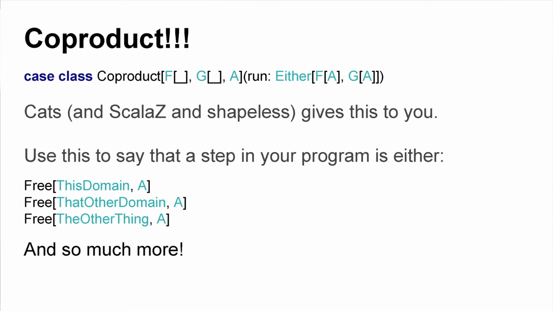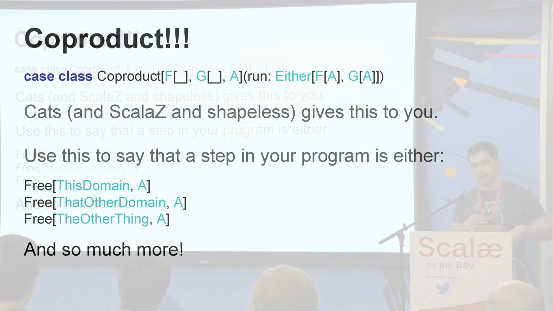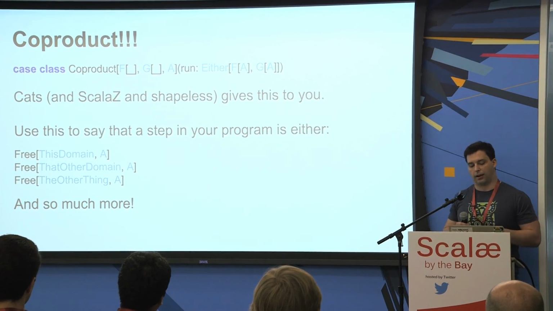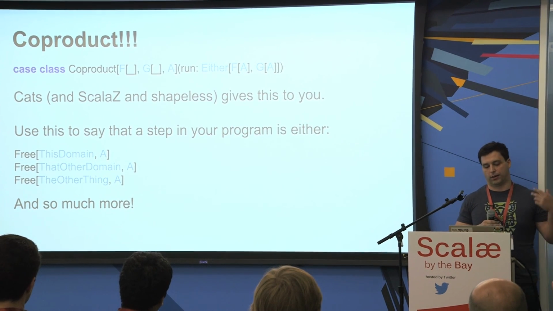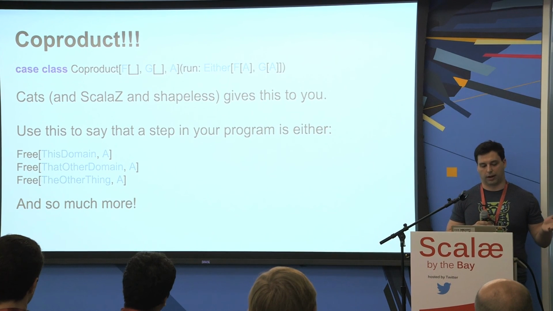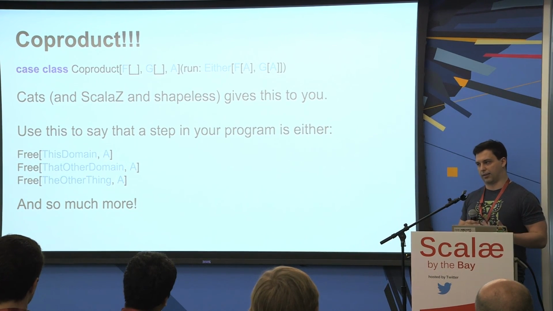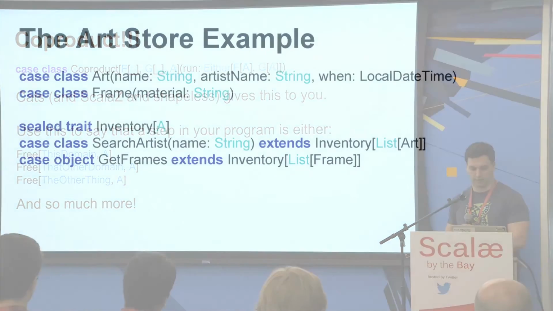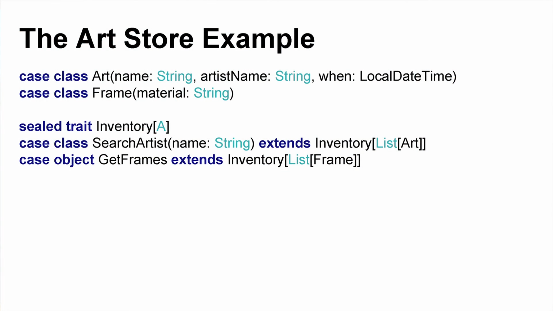And the way you would apply it to your free monad program is you'd say this step in the program is either this domain or that domain, or maybe it's this other thing. You can use it for all kinds of different reasons. In the Cats vernacular, it's like an EitherK, because it's got that higher kind.